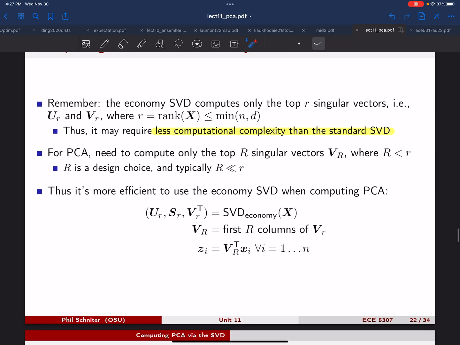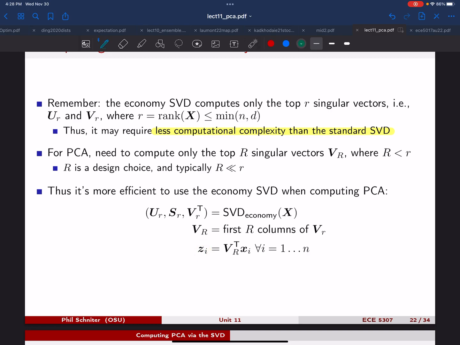So what we're going to do, we're going to compute this economy SVD, and then we'll keep only the first columns of this tall V matrix. We'll call that V sub capital R. Once we have that, we can apply that to our data samples, our original features, to get our compressed features, ZI. So these guys will have smaller dimension.